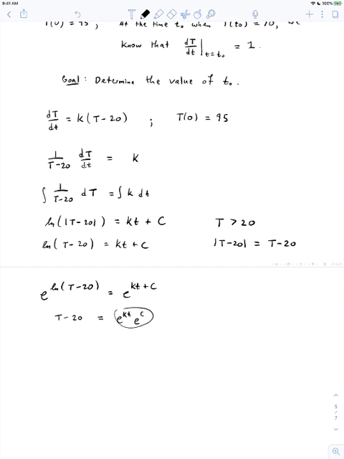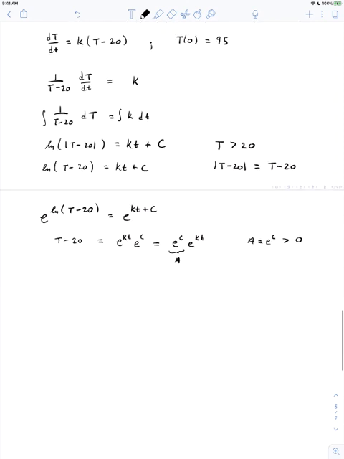Again, they have the same base, so when you multiply them together, that's the same as adding the exponents. So once again, we're going to write this as e to the c times e to the kt, and we're going to change this e to the c to A. C is an arbitrary constant, so A equals e to the c is an arbitrary positive constant.